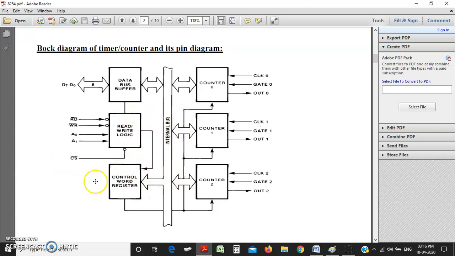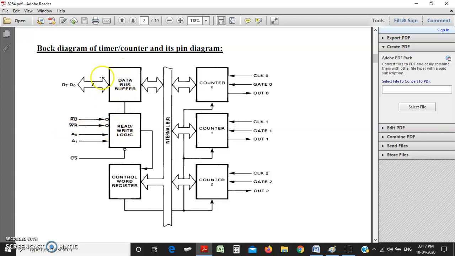Chip selection pin will decide whether this IC will work or not. A1, A0 will select which counter will work. Read will denote the read operation of the processor, and write will denote the write operation of the microprocessor.